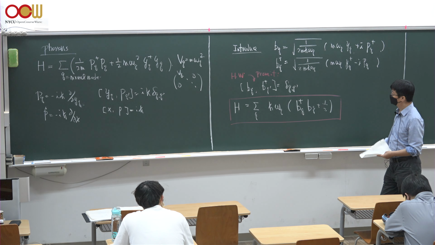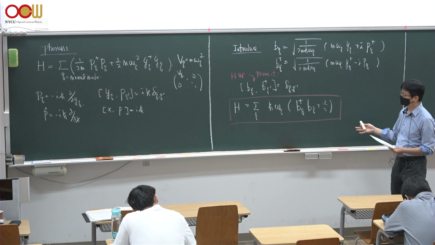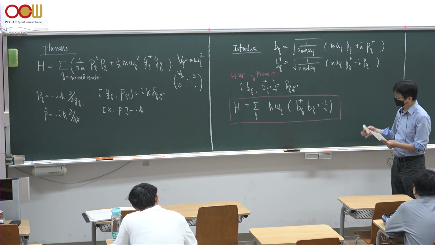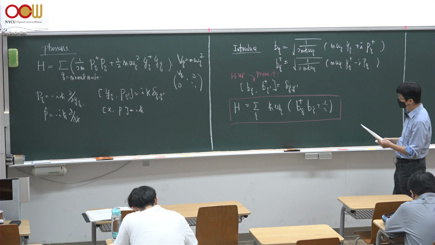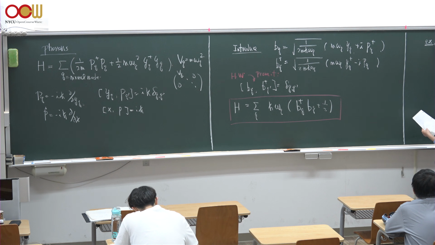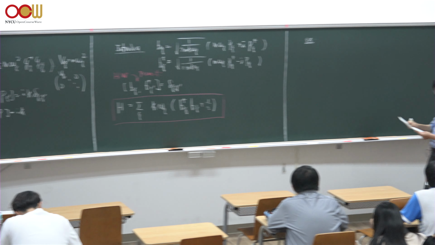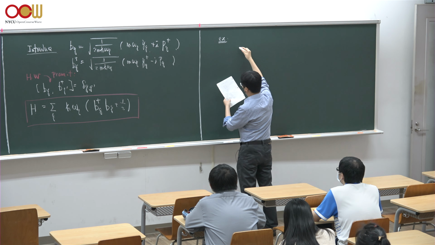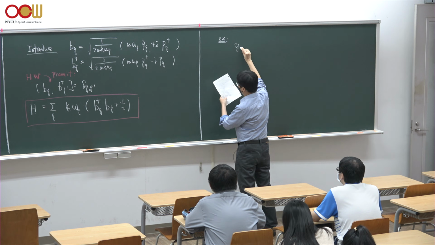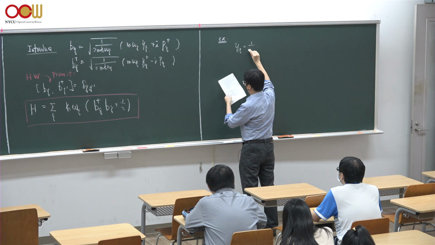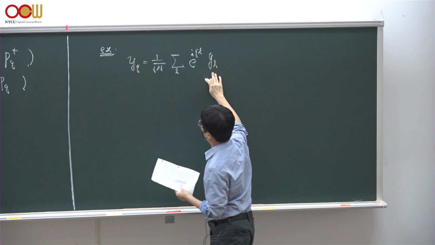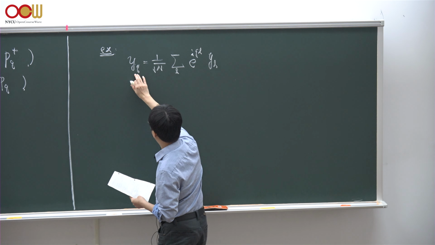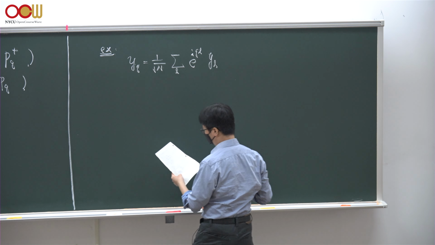So now we should use this formalism in a specific example. A simple example of such a coupled harmonic oscillator in second quantized representation is the Fourier transform that allows you to transform your coordinates into the normal mode variables yQ.